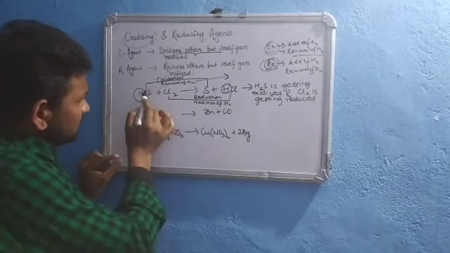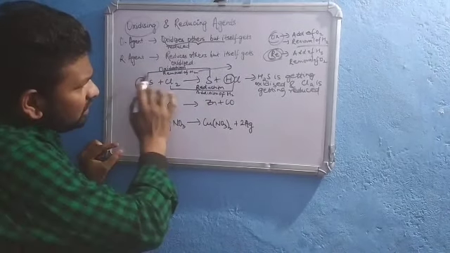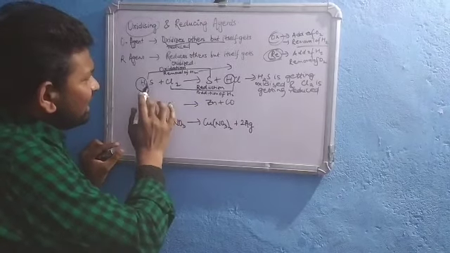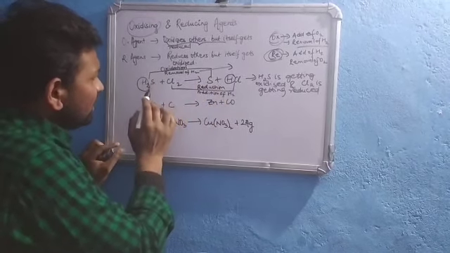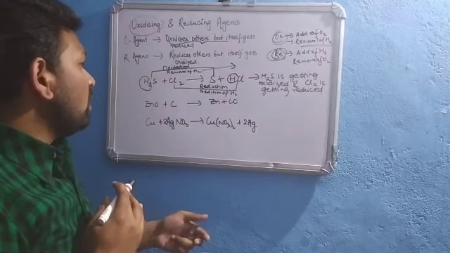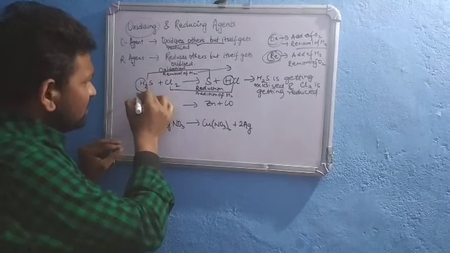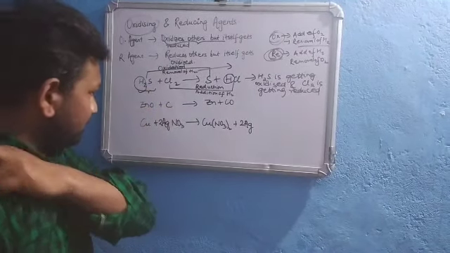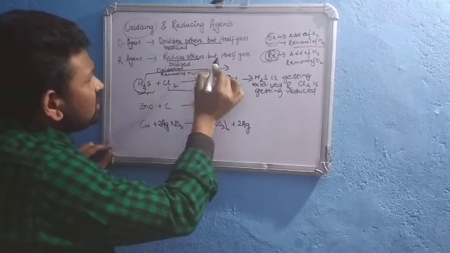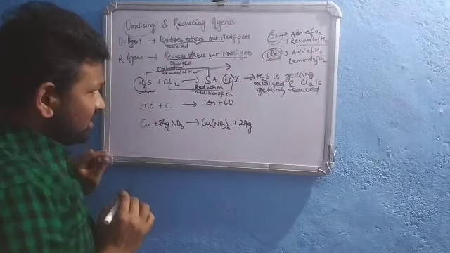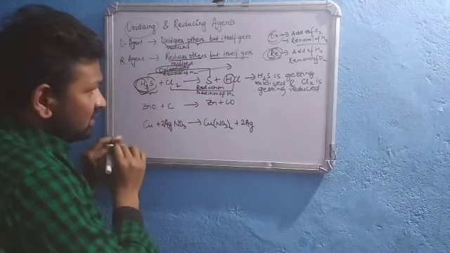See, this is undergoing oxidation, right? That means it is a reducing agent. How is it a reducing agent? Because reducing agents are those substances which reduce others but itself gets oxidized, isn't it? You can see this has got oxidized.